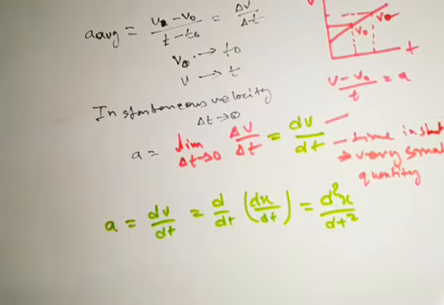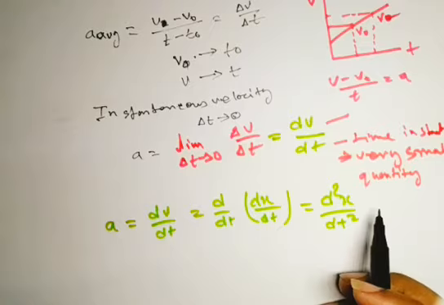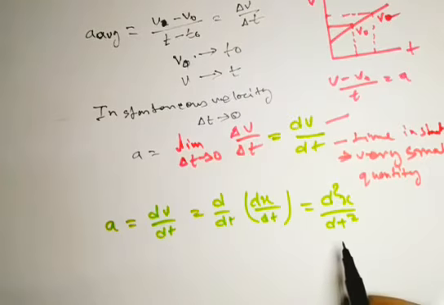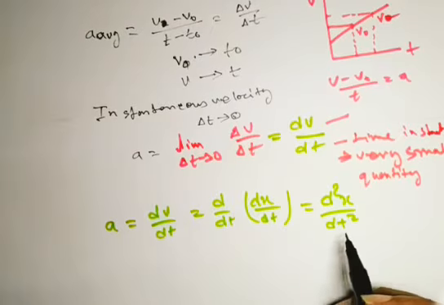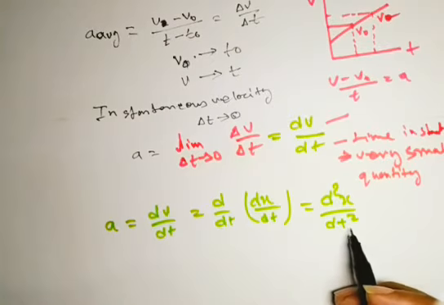In words, the acceleration of a particle at any instant, meaning at any time instant, is the second derivative d square x upon dt square of its position x(t).